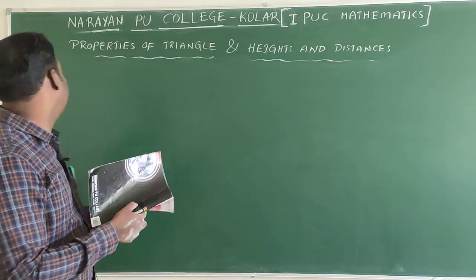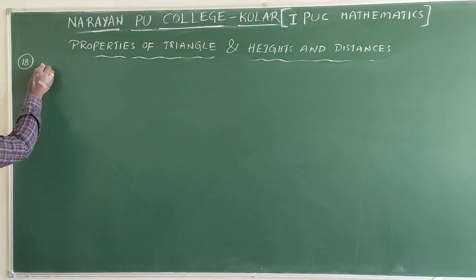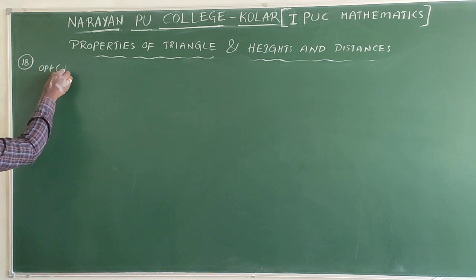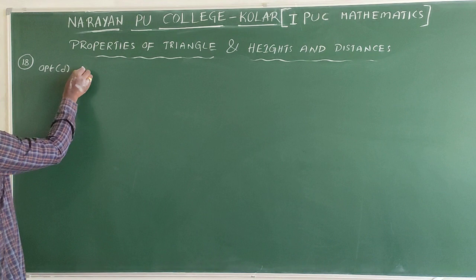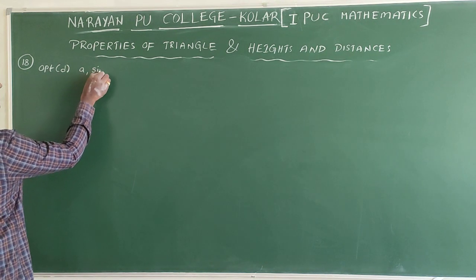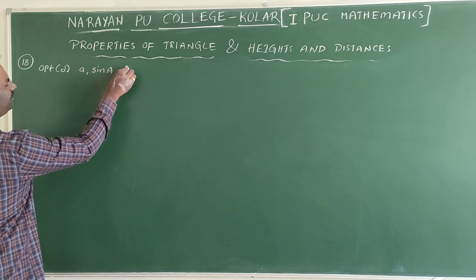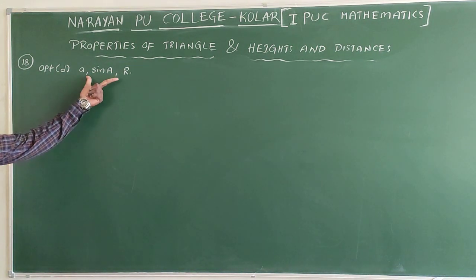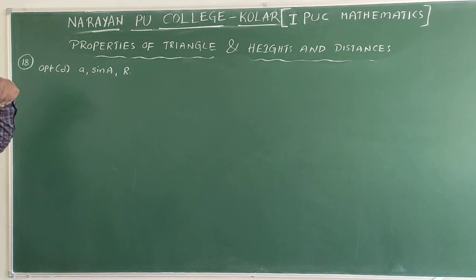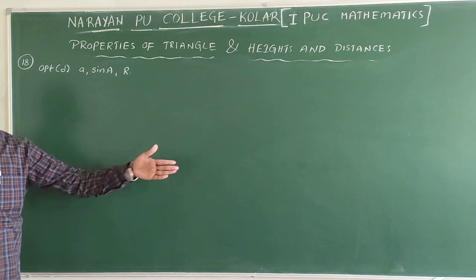I will go with option D. Check it. a, sin A, R. These 3 values are the known values. By using known values, can you find the remaining sides as well as the remaining angles?